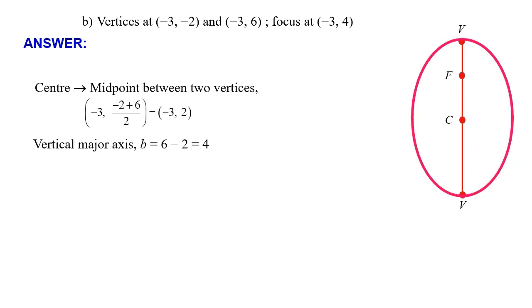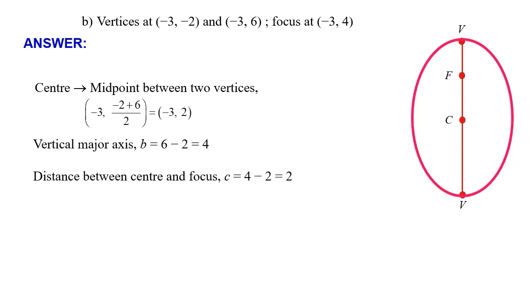And then the length of b, that is the vertical major axis, so b would be 6 minus 2, that would be 4. We subtract 2 from the center and one of the vertices, so 6 minus 2, that's why we got 4.